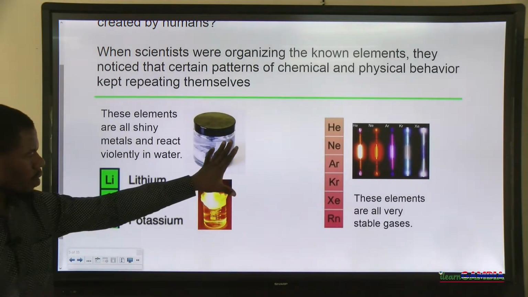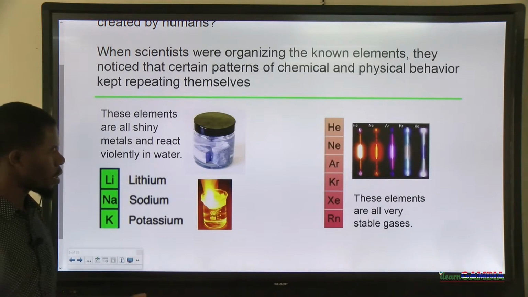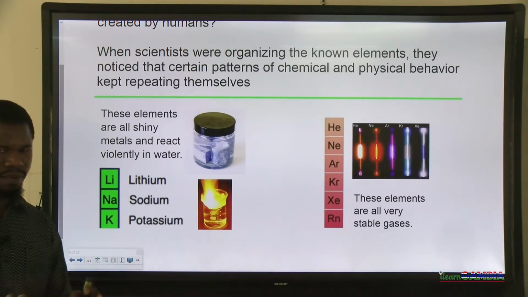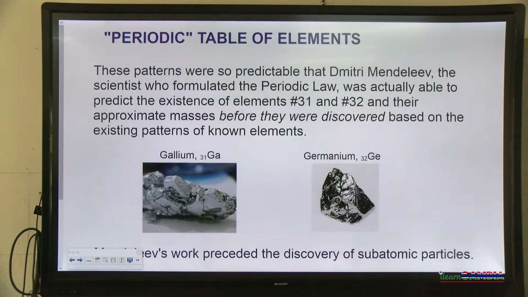And then you also have another group of elements on the other end, which are helium, neon, argon, krypton, xenon, and radon. These elements are all very stable gases. So these are some of the things that scientists observed in those days. Still, we come back to the periodic table.